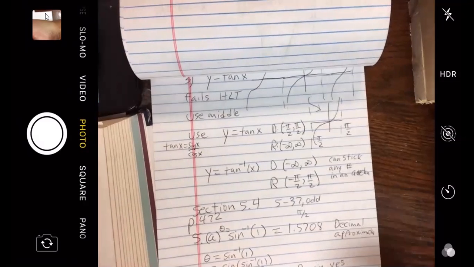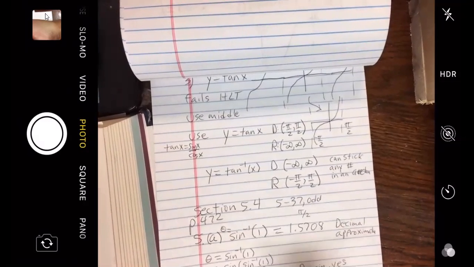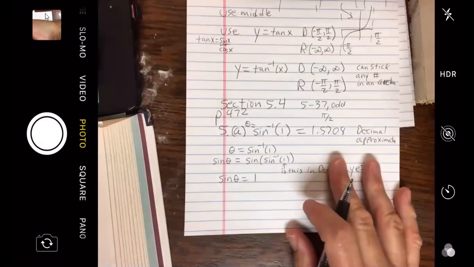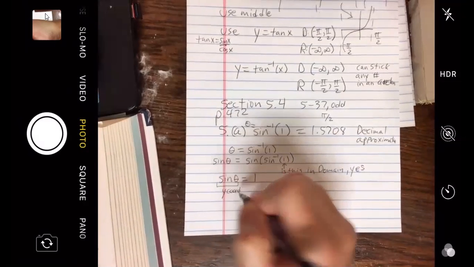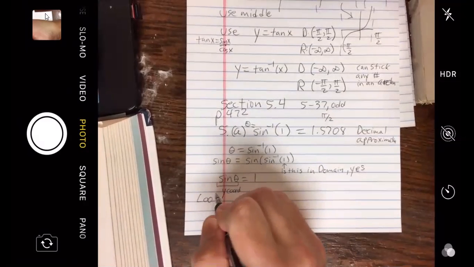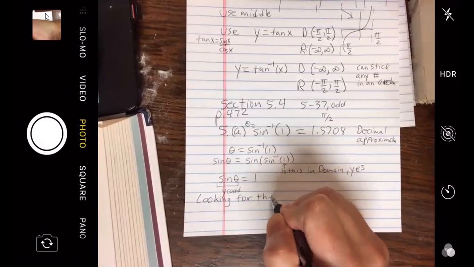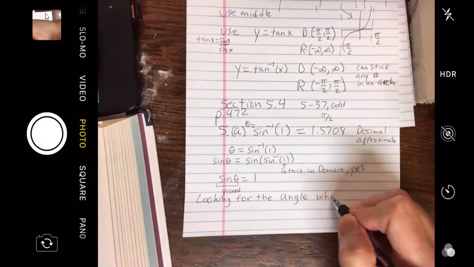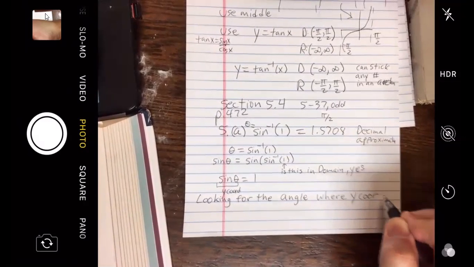So sine of theta equals 1. In other words, the sine of theta, if you remember, was the y coordinate. So you're looking for the angle where the y coordinate equals 1.